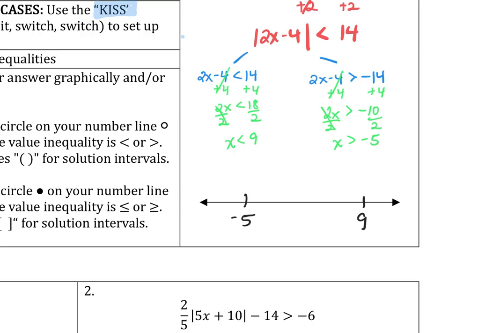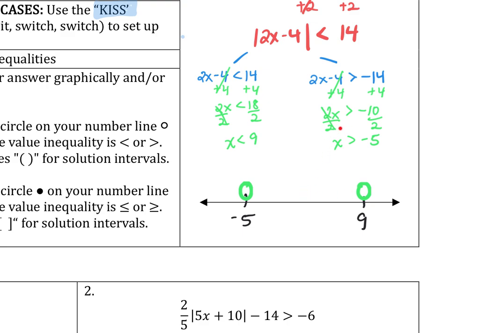So on negative 5, I'm going to have an open circle. And on 9, I'm going to have an open circle because this is just a less than sign and this is a greater than sign. So what you will notice about these two solutions, if you go to graph them, this says that x is going to be less than 9, which means to the left.